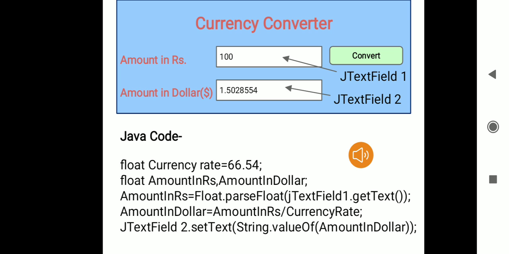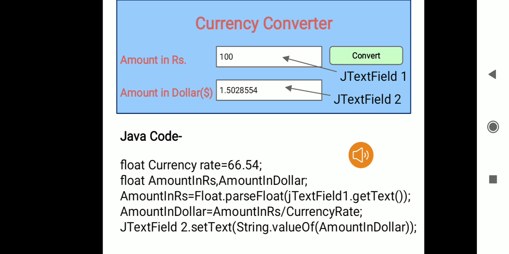We need it because, as I already told, for Indian rupees to get converted into dollar, it has to be divided by the currency rate, that is 66.54. The Java statement is declared as float followed by the variable name currency rate equal to 66.54 followed by a semicolon. Now remember that every Java statement must end with a semicolon.